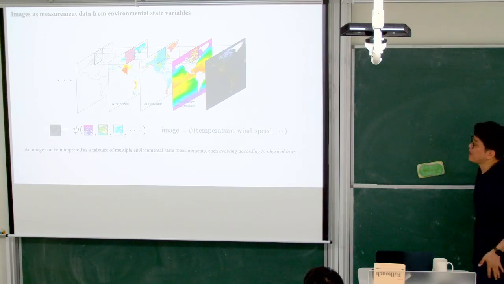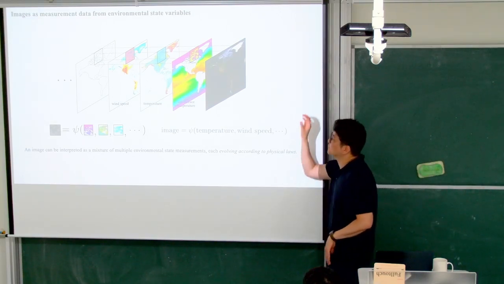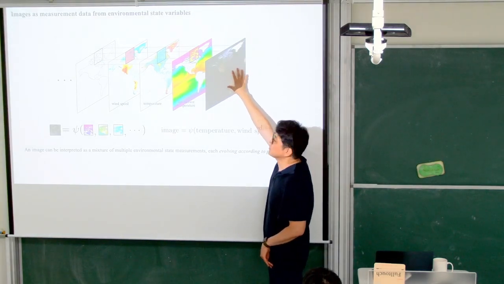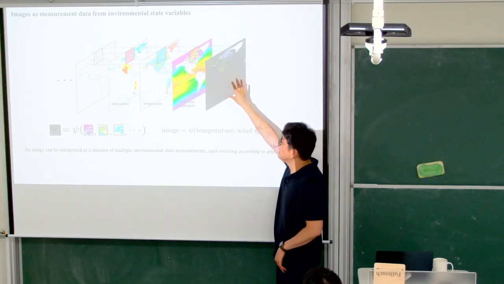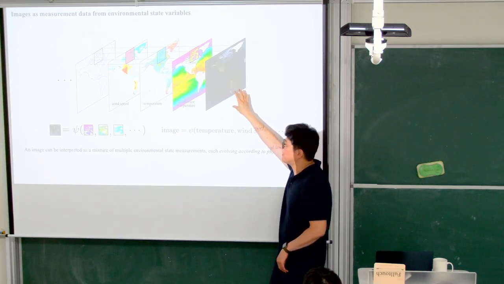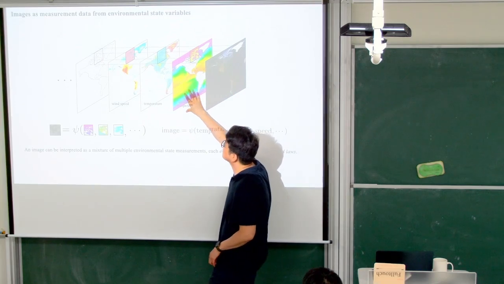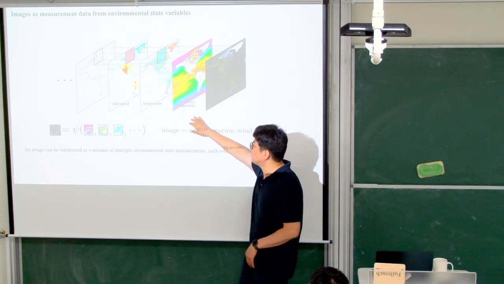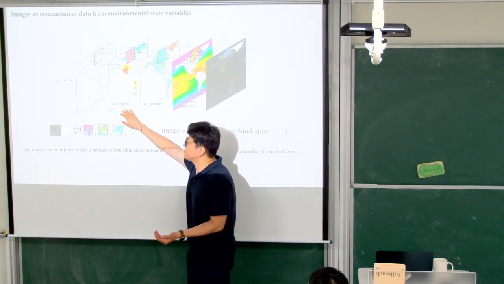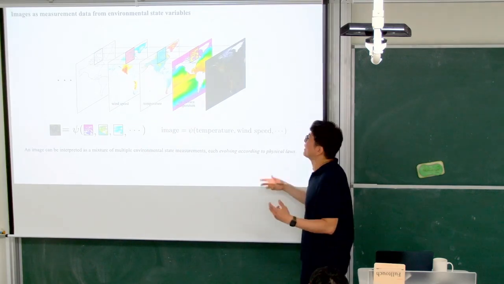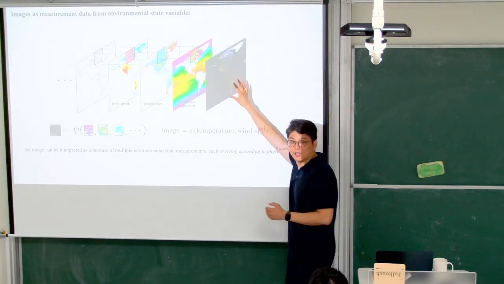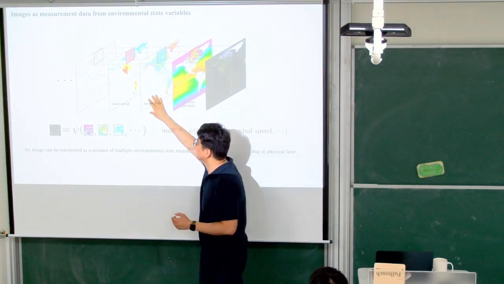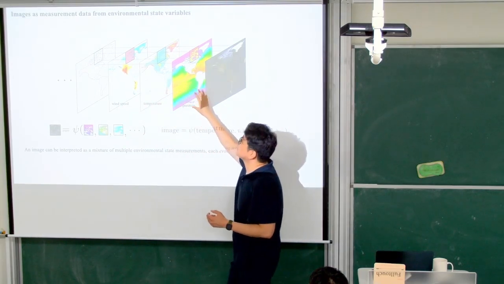This is the main idea of our method. Just imagine taking a snapshot of our region at a specific time. At that time there is a corresponding environmental state, such as the sea surface temperature, or just temperature, or wind speed. And we can view the snapshot as a function of such an environmental state.